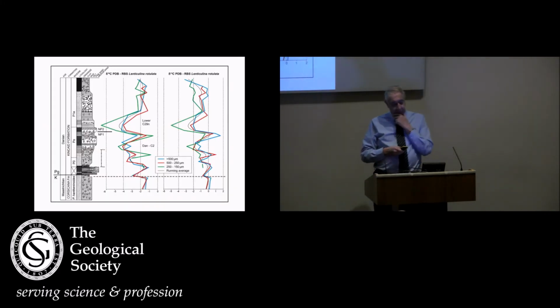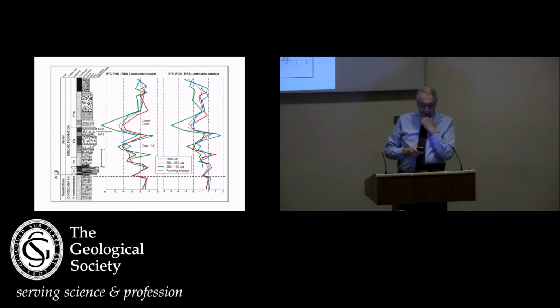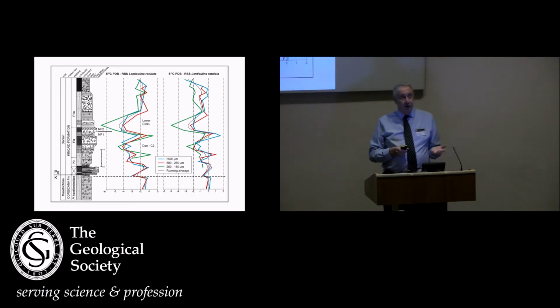So this is the succession you find in that section that's pictured in your abstract volume. What we have are the Maastrichtian mudstones below. We have a spherule bed, then what's been called the event bed. And the interesting thing is above that we return to a mudstone succession, which we can now show the timing of.